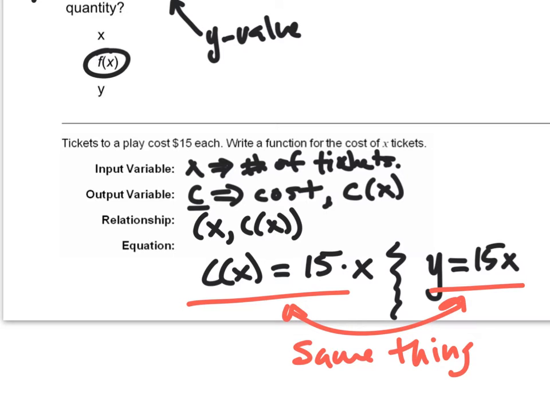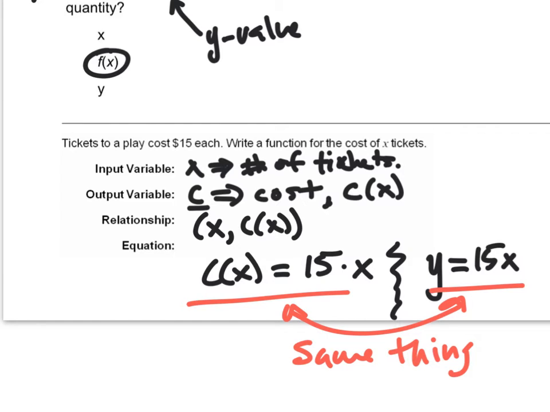You understand that concept. I'm going to take 15 times the number of tickets I sell. The only difference is how you're writing it. All we're trying to do is model a situation and say, if you sell 10 tickets, how much is that going to cost?